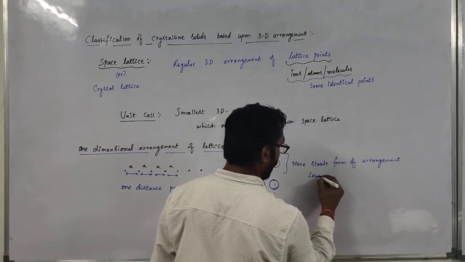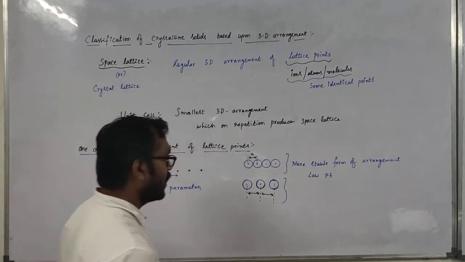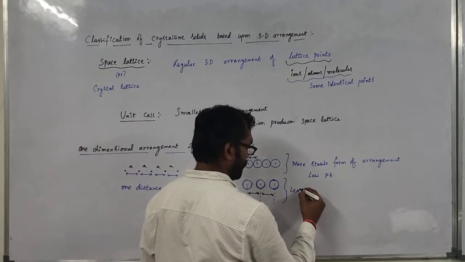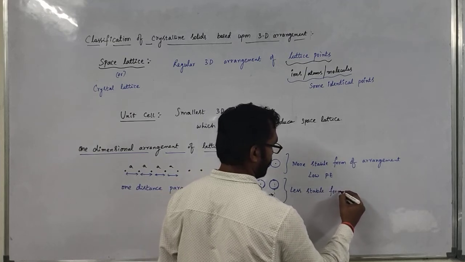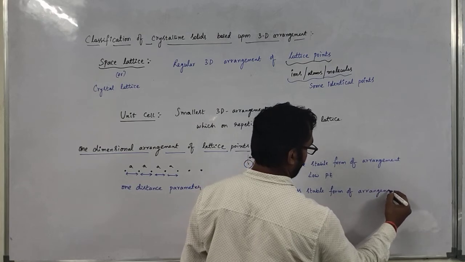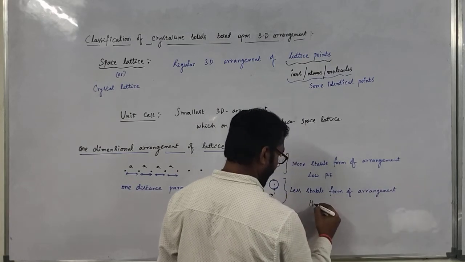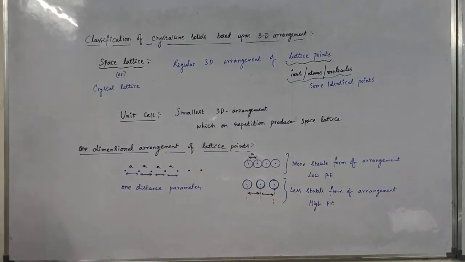It is more stable because it has low potential energy. This is a less stable form of arrangement, and it has high potential. If they are apart, they require high potential.